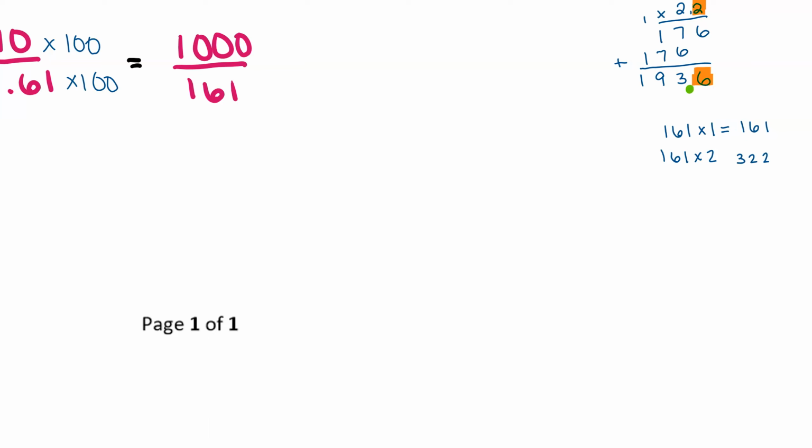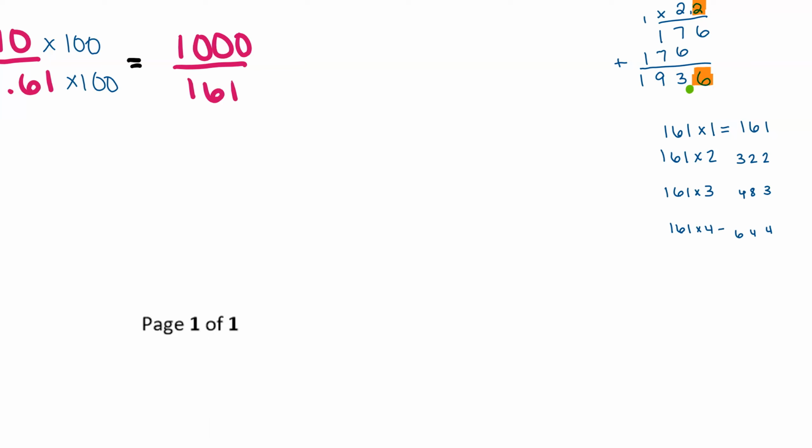And if I wanted to do 161 times 3, I'm going to add another 161. So it'll give me 483. And then 161 times 4, that's 644.